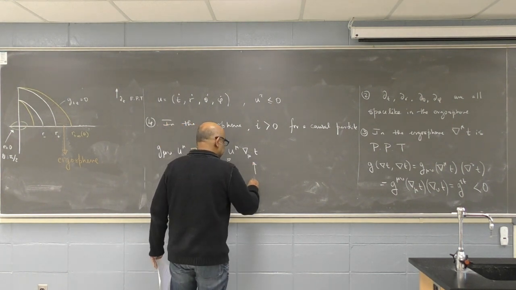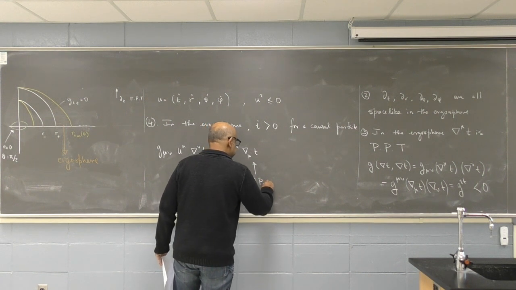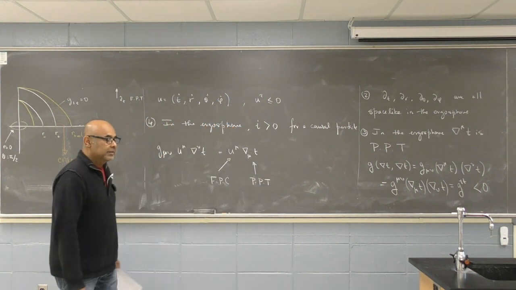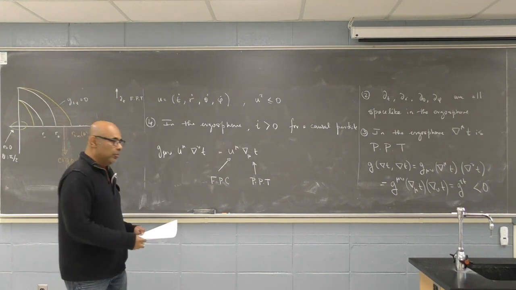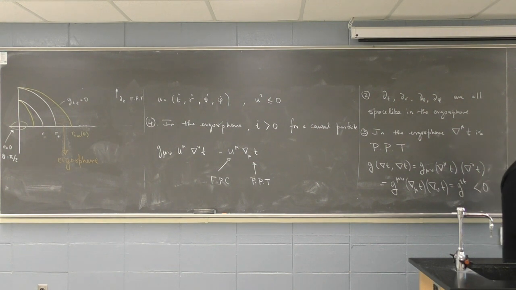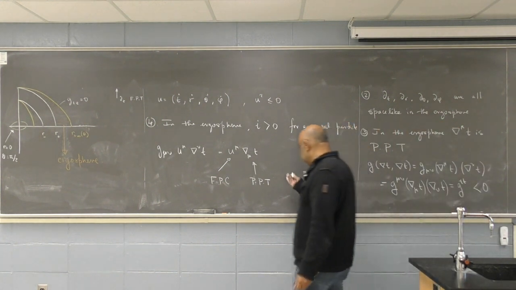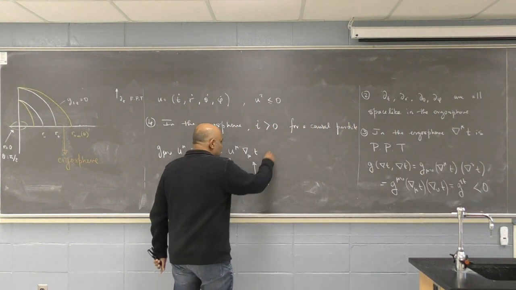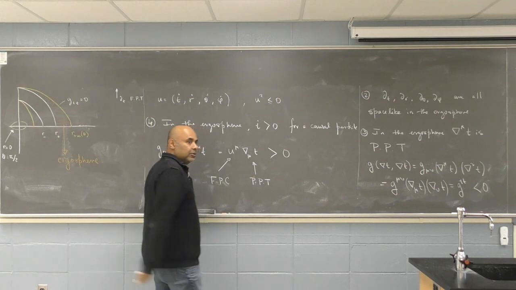This we know is past pointing time-like. If I take a future pointing causal vector and a past pointing vector, their inner product will be what? The opposite of when they're in the same cone. When they're in the same time cone, their inner product is negative. So if they're in the opposite time cone, the inner product must be greater than 0.